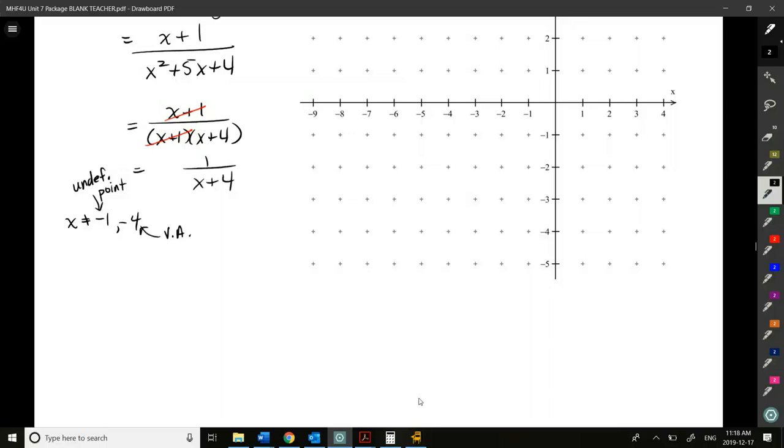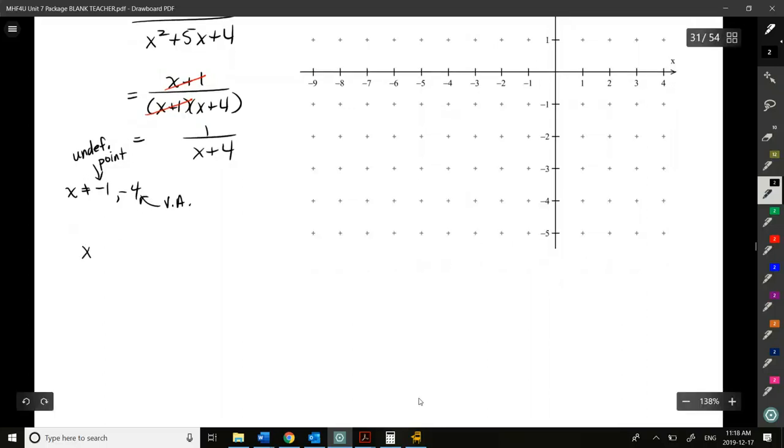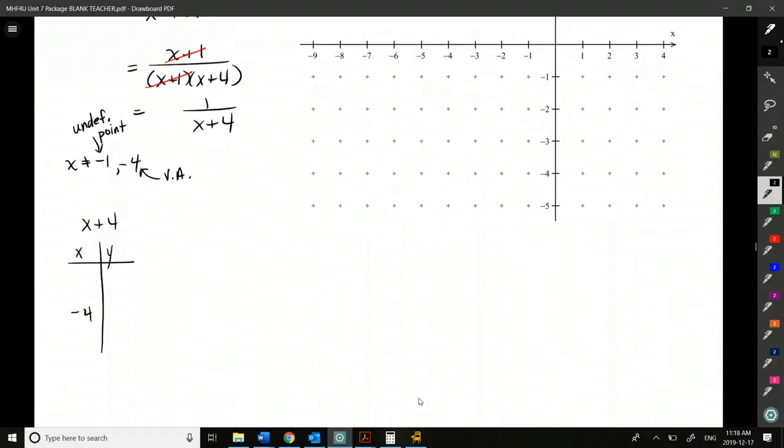Reciprocal, right? So usually the process that we use to graph these is we'll graph the function or create a table of values for the function x plus 4, and we're going to center it around the 0 of that denominator. So I want at least a couple points on each side here. We're going to plug them each into our x, and then we'll just reciprocal the y's to get our 1 over x plus 4.